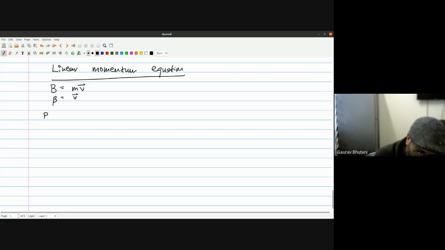So let's apply the RTT. So this is d by dt of capital B of the system, and that's d by dt integrated over the control volume rho times beta. Beta in this case is V times d omega.